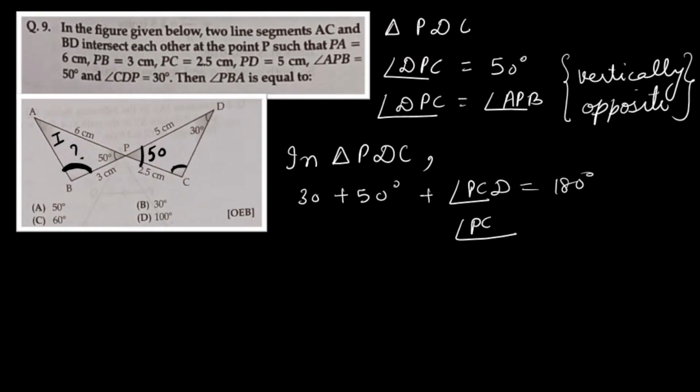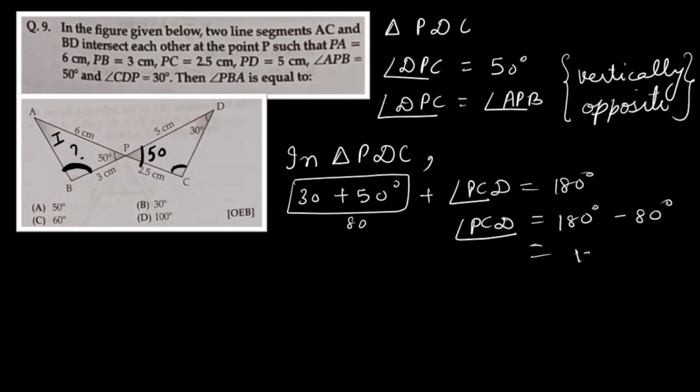So PCD is equal to 180 minus (30 plus 50). 30 plus 50 is 80. So 180 minus 80 is equal to 100 degrees.